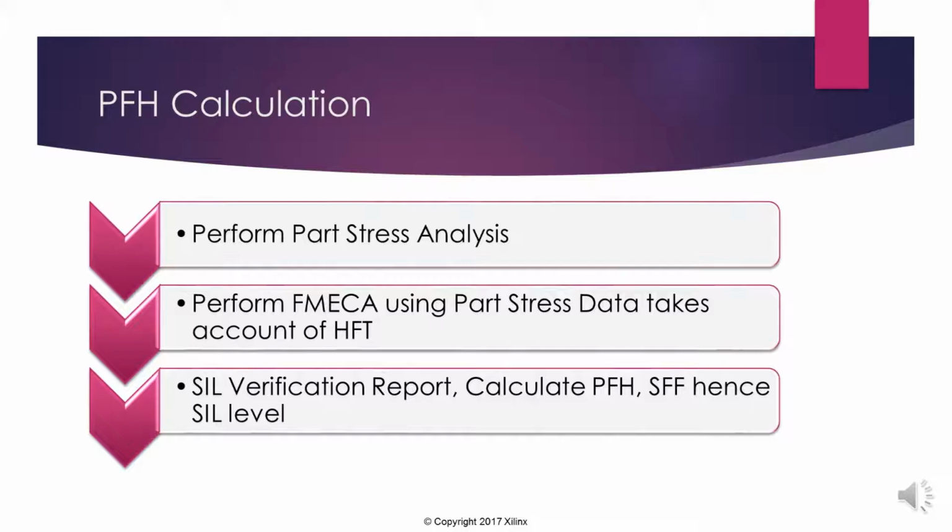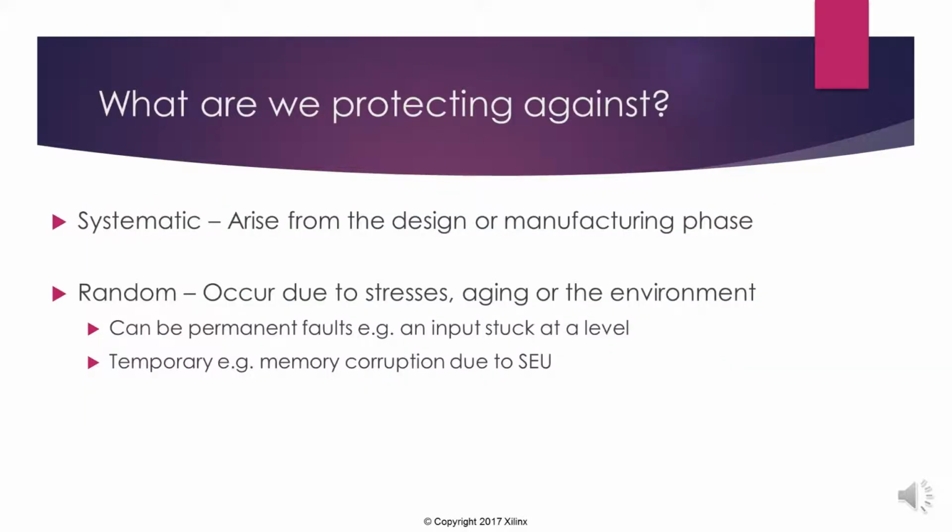Then we can create a SIL verification report, calculate the probability of failure in hours and the safe failure fraction, and from that get to the SIL level that we're at. Then hopefully our independent accreditor is also going to agree that we have achieved that.